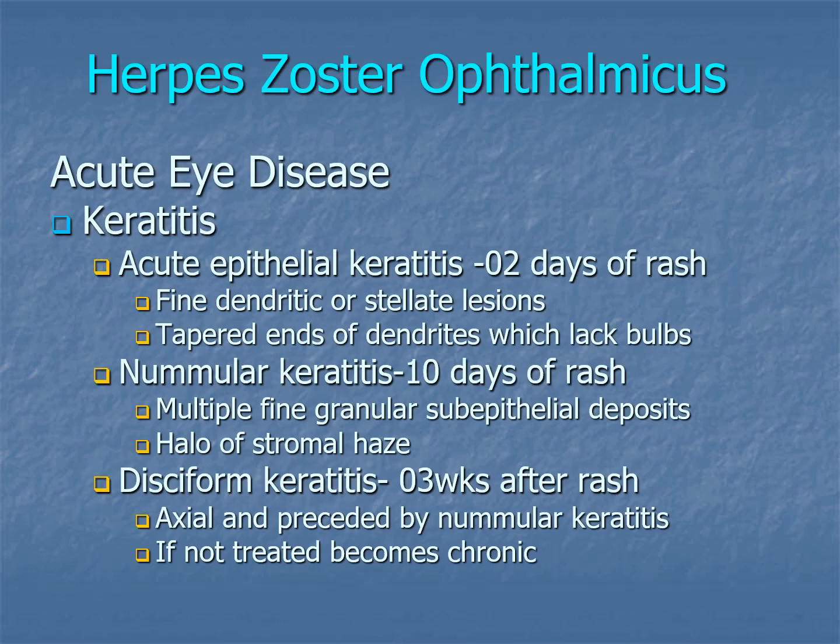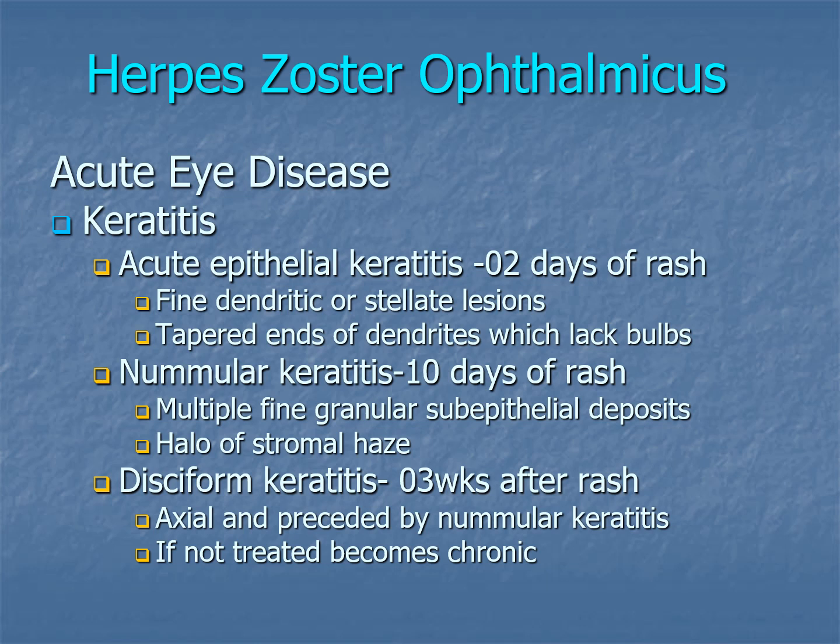So what is the acute eye disease? Whenever there is involvement of the eye, there are certain lesions. But when there is involvement of only the skin and no involvement of the eye, even then it is called herpes zoster ophthalmicus, because the ophthalmic nerves are involved.